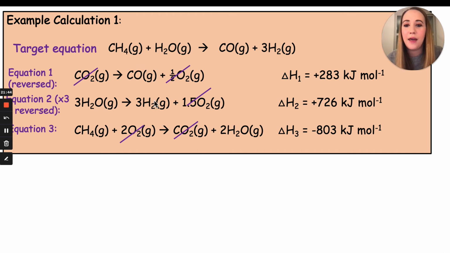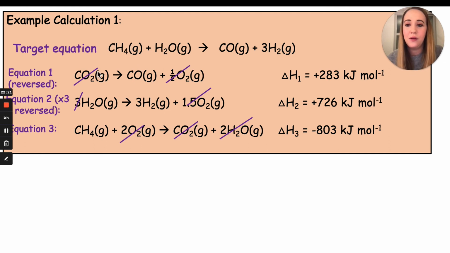Okay, and then everything else that we're left with is part of our equation, but the only issue we have is how much water is involved. So we've got 3H2O on the left, and we've got 2H2O on the right over here. What we're looking for is 1H2O on the left, which, if we cancel down, that 3 is going to cancel out the 2 waters over here entirely, so there'll be no water on the right, and then that is just going to leave us with 1H2O on the left-hand side.